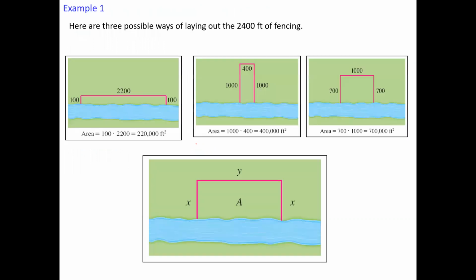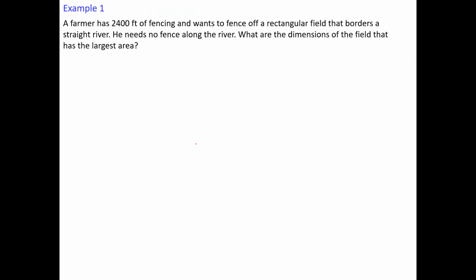First derivative test. Okay, the first question is: a farmer has 24 feet of fencing and wants to fence off a rectangular field that borders a straight river. He needs no fence along the river. What are the dimensions of the field that has the largest area?